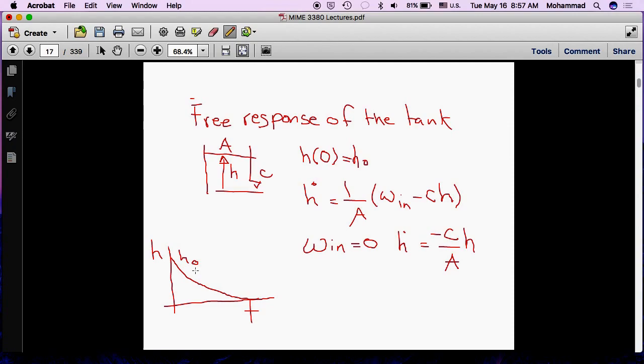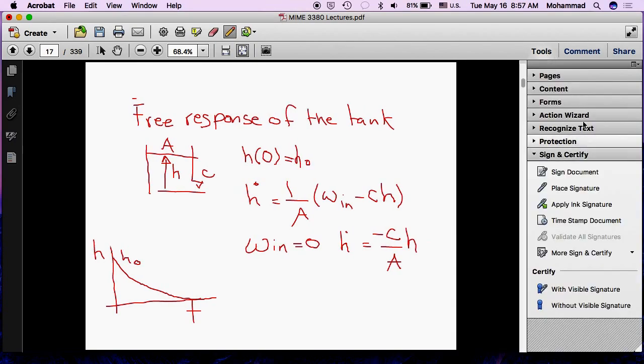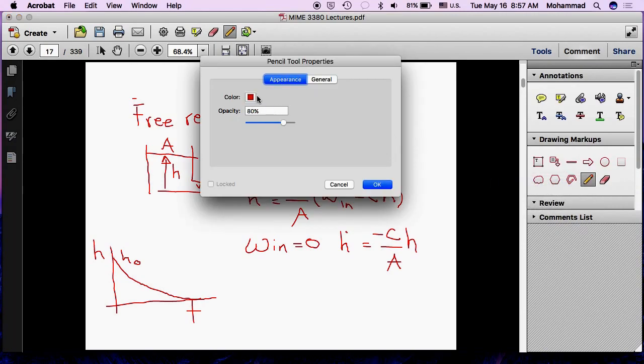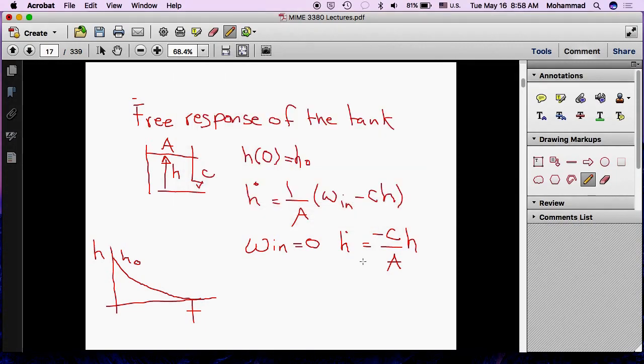And if you put both free and forced responses on top of each other, you would see that the rate of change is very, very similar. So this was our free response.